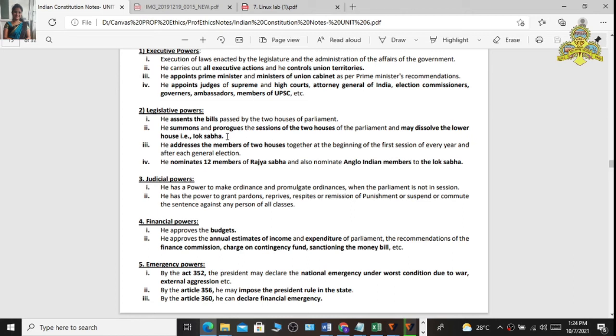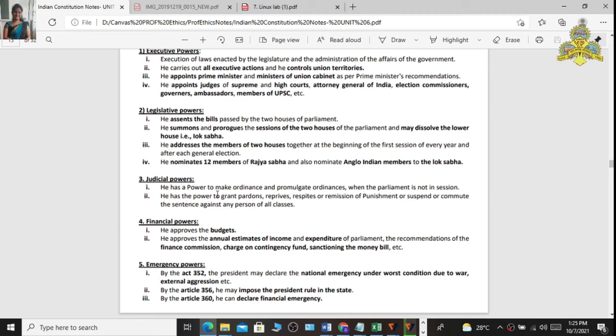That is called prorogue. And he has the power to address the members of two houses at the beginning of the first session. Members of two houses means Lok Sabha and Rajya Sabha. The president has the power to nominate 12 members of Rajya Sabha, and he can also nominate Anglo-Indian members to the Lok Sabha.